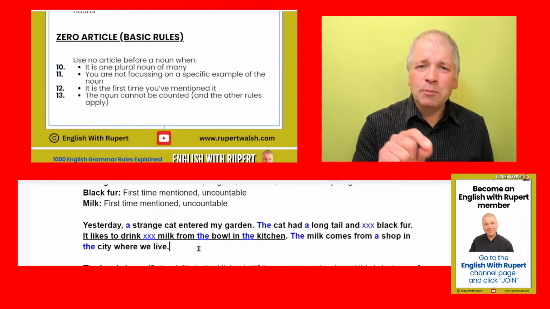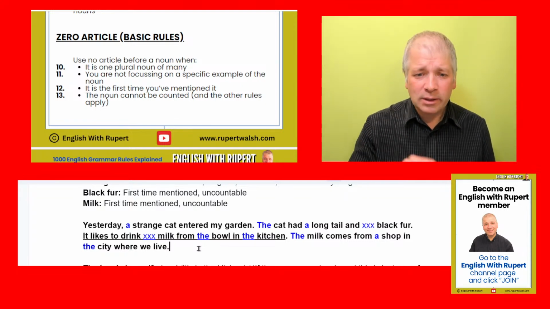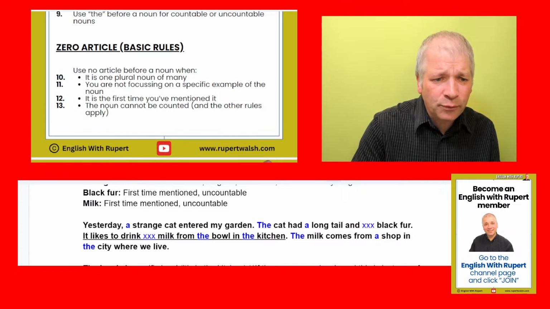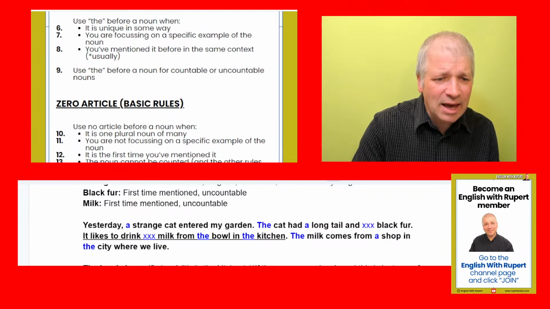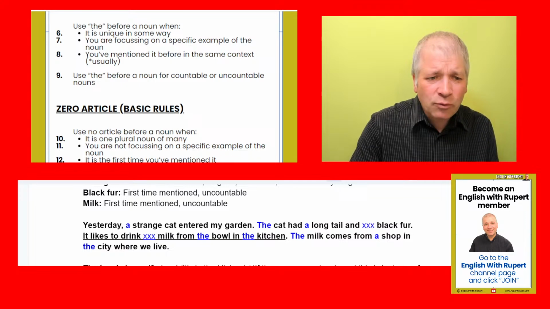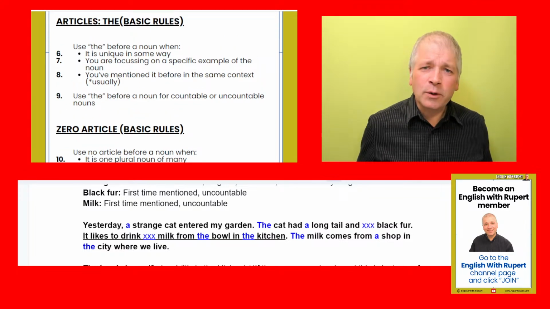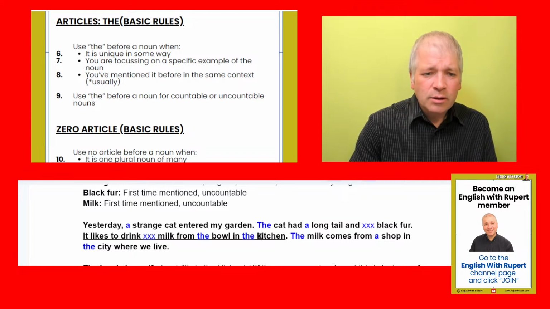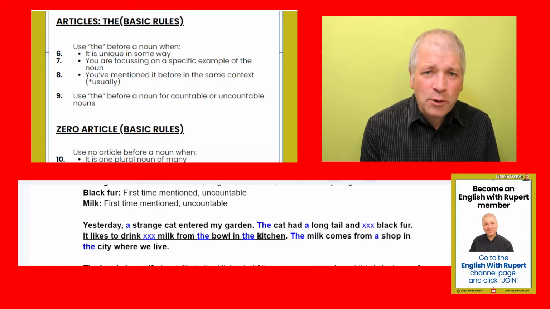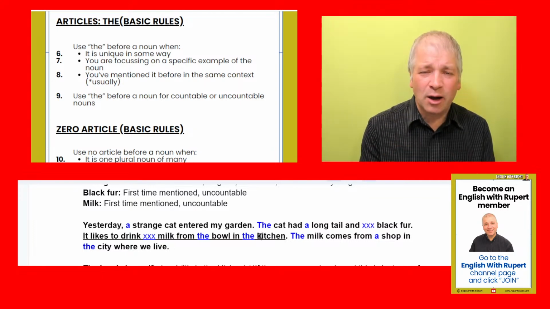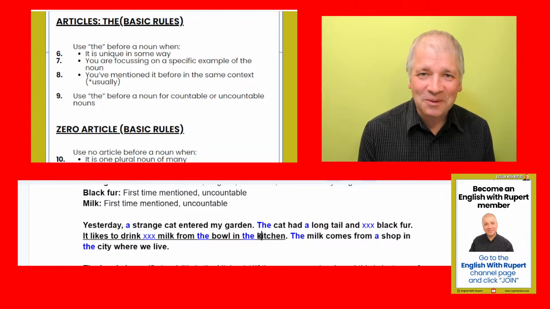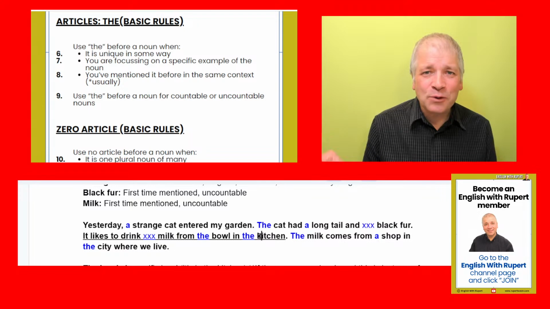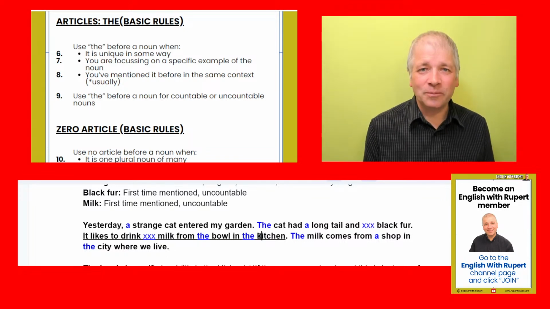And the reason why comes from what comes afterwards. Let me quickly go back to the rules for the on my PDF. And rule 7, you are focusing on a specific example of the noun. So here I'm focusing on a specific example of the bowl. Why? Because of what comes afterwards, in the kitchen.